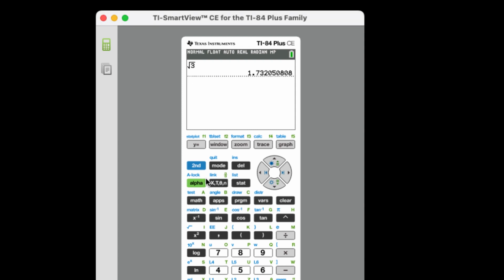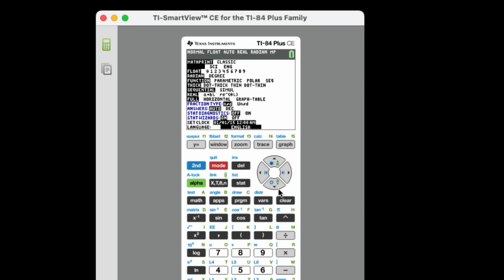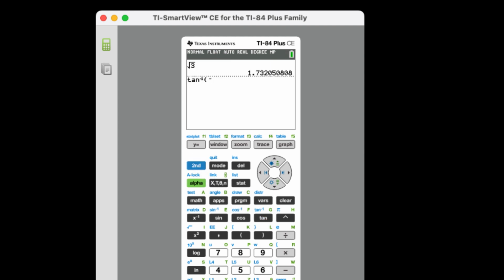I'm going to make sure my calculator is in degrees and find inverse tangent of negative 1 divided by square root of 3. Maybe you said, I'm not going to use that information.